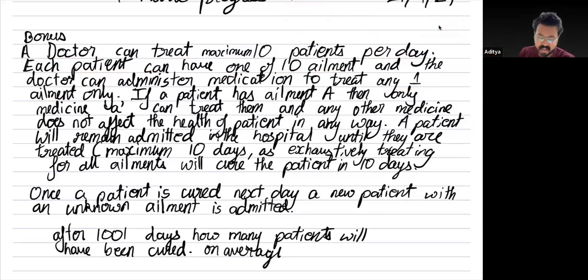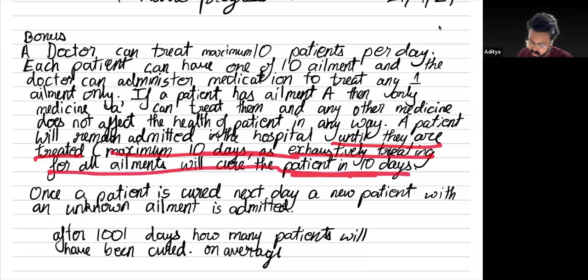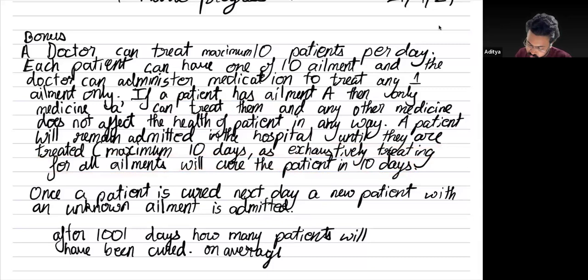So the doctor is also smart. He won't repeatedly give the same medicine to the patient again. So a patient can get treated until a maximum of 10 days only. Exhaustively treating for all ailments will cure the patient in 10 days. Treatment for the right ailment can cure them, and any other medicine does not affect the health of the patient.